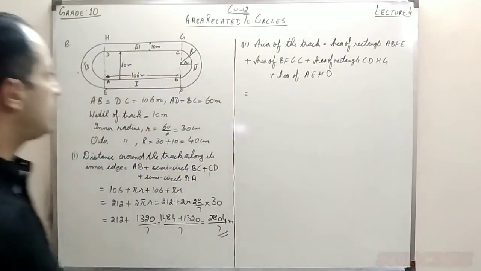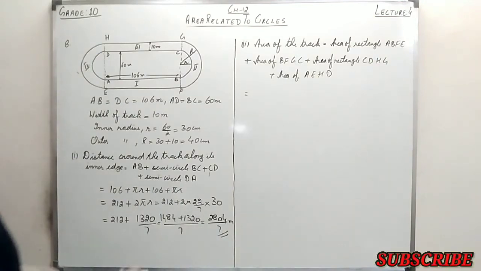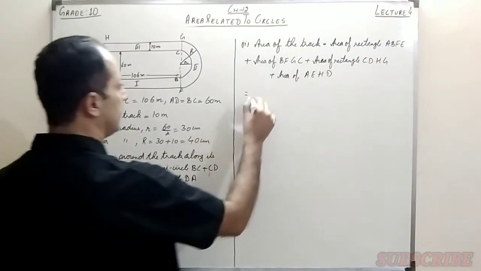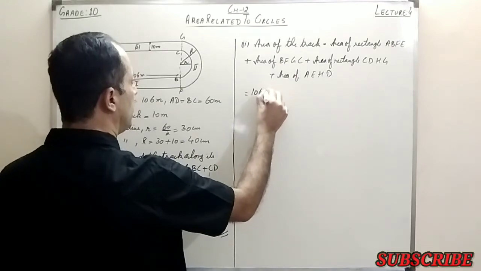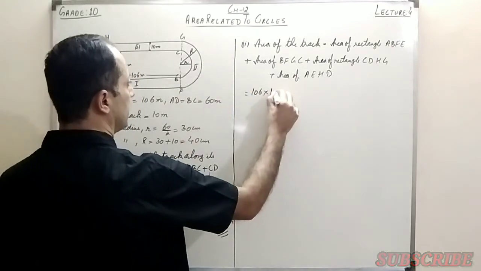Now area of rectangle obviously is length into breadth. So the length is 106 into the width is 10 meters.